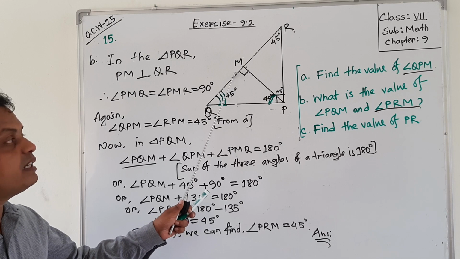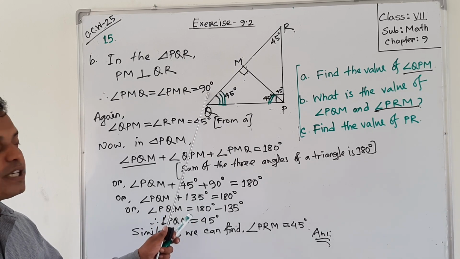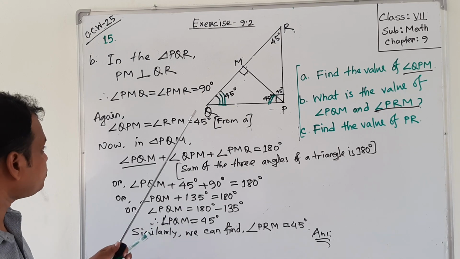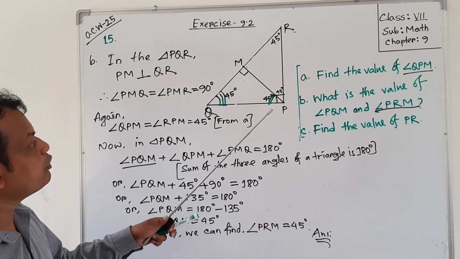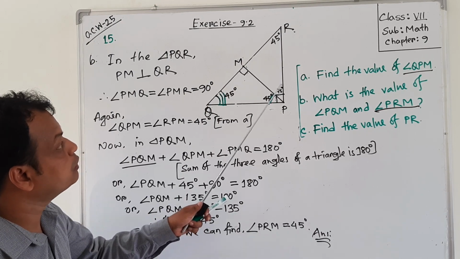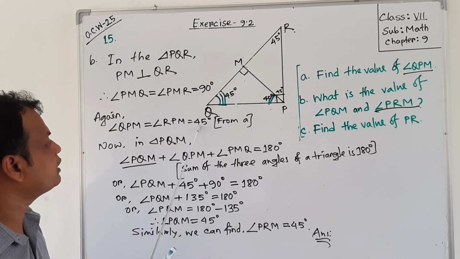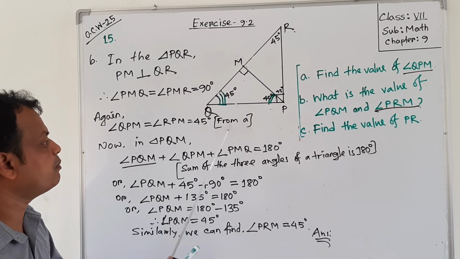This box sign indicates that the measure of this angle is 90 degrees. After that, from A we have another piece of information: angle QPM equals angle RPM, both 45 degrees. We have to mention here that we got this from A.